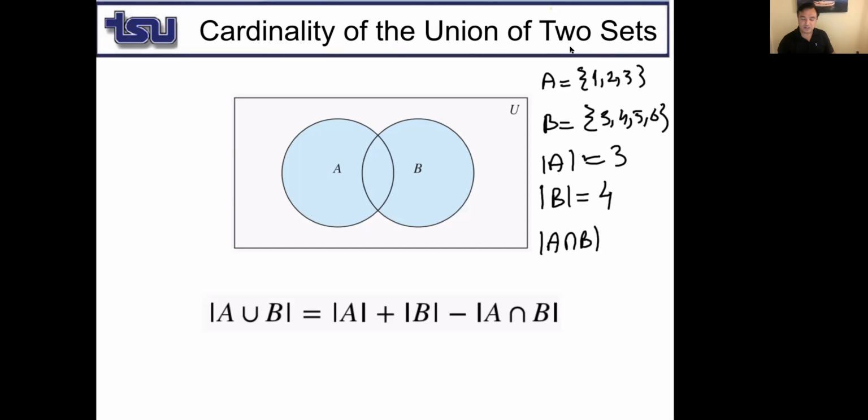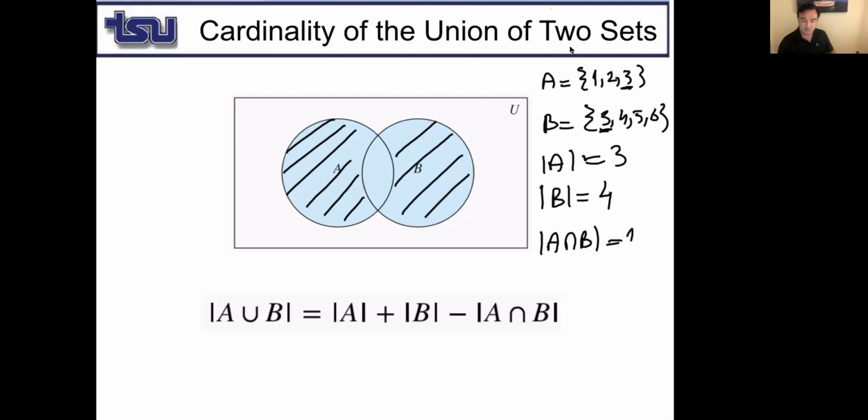What is A intersection B? A intersection B, I will show you in a minute, is the elements that belong to A and B. You see, for example, here 3 belongs to A and 3 belongs to B. Therefore, there's only one element. The cardinality counts the elements that only belong to A, the elements that only belong to B, and the elements that belong to A and B. So here, A has 3 elements, B has 4 elements, and common has 1.